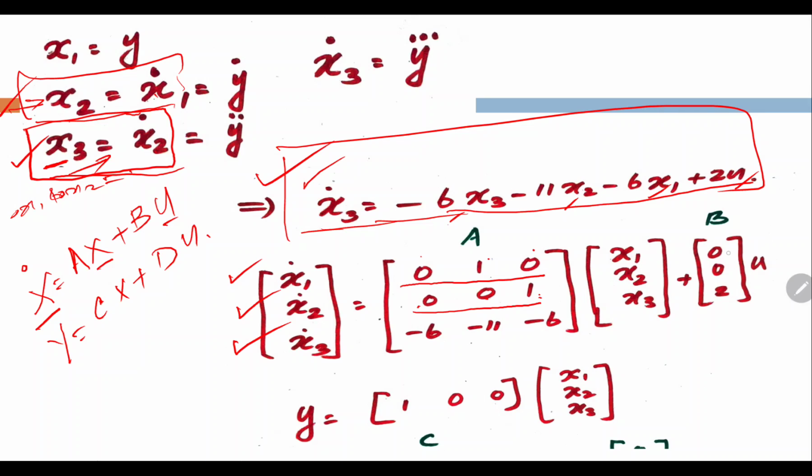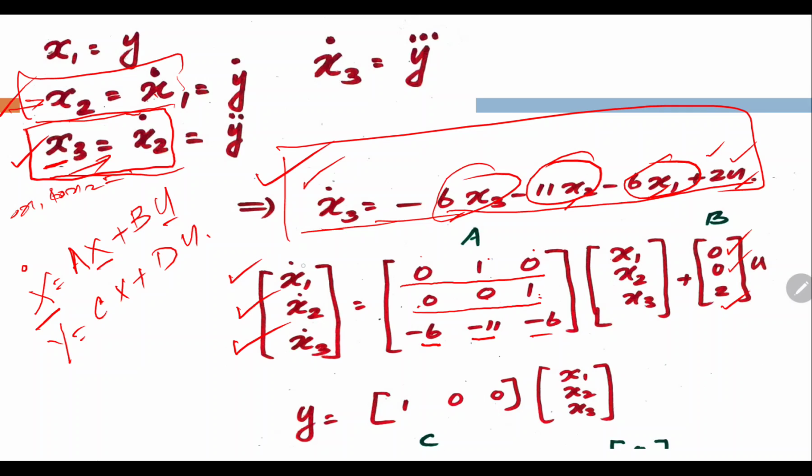So we have assumed that u, first row 0, second row also 0, because in x2 dot there is no u. In the third equation x3 dot we have u, the coefficient of u is 2, so it is 2. The last row of the A matrix is: the coefficient of x1 is minus 6, coefficient of x2 is minus 11, and x3 is minus 6.